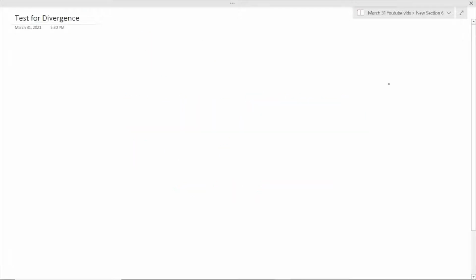Alright, so say we have a series that looks something like this: n over e to the exponent negative n, minus 6. Okay, so we're going to see if this series is divergent.